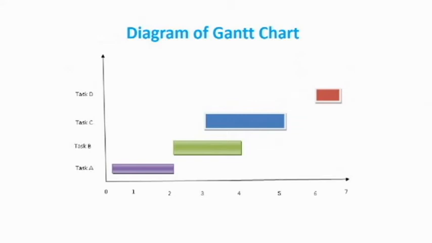Here we have a diagram of a Gantt chart. On the vertical axis, we have the tasks that are labeled task A, B, C, and D. And on the horizontal axis, we have the time that is measured in weeks.